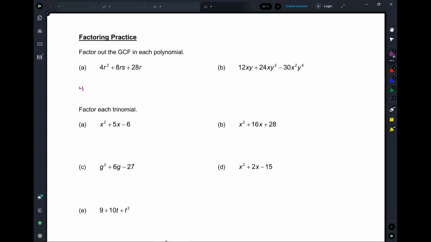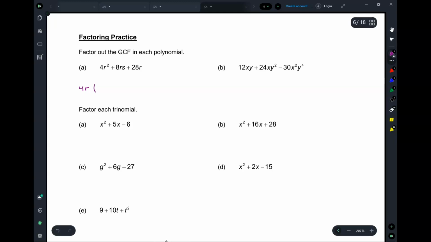All 3 have the variable r. You can pull out the lowest exponent: r to the 2, r to the 1, r to the 1, so I can only take out r to the 1.